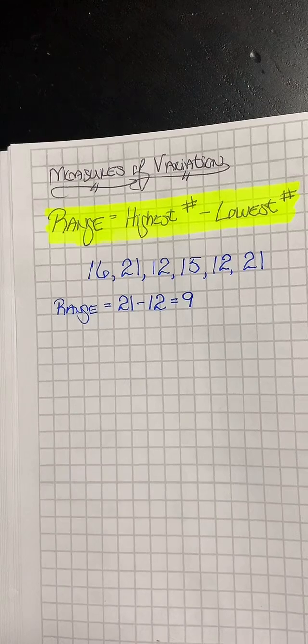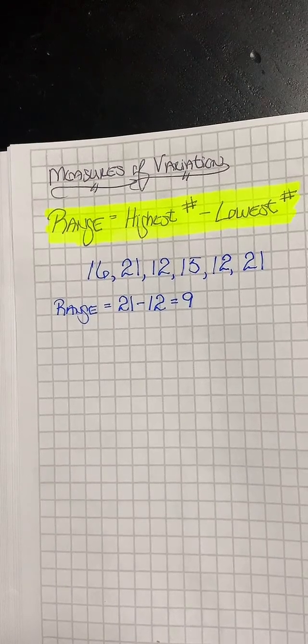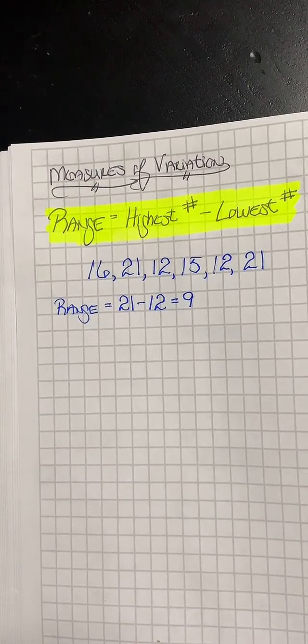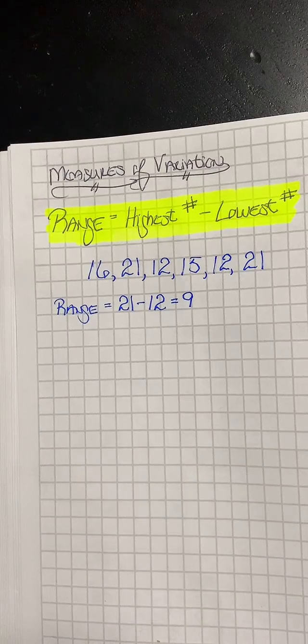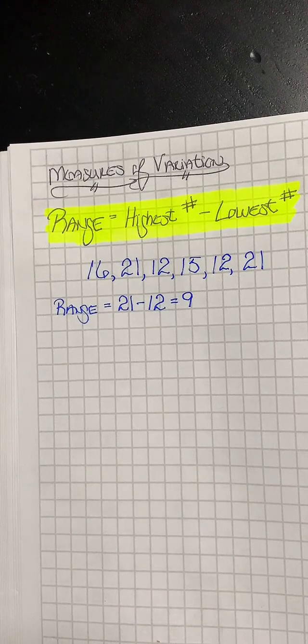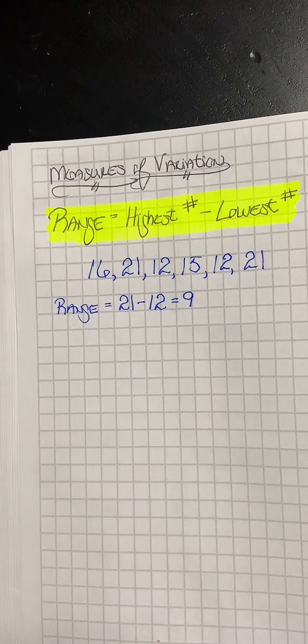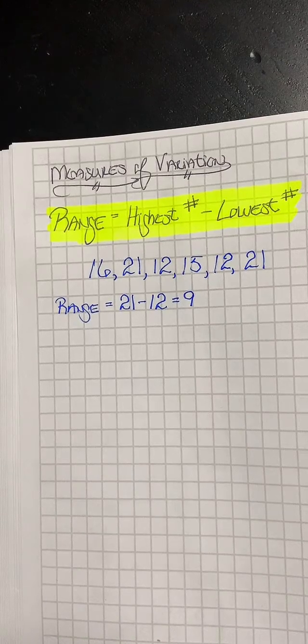Nope, the numbers don't have to be in order because all you need is the highest number and the lowest number. That's it. Yep, that's all we have to do. Now, I'm going to take it one step further.